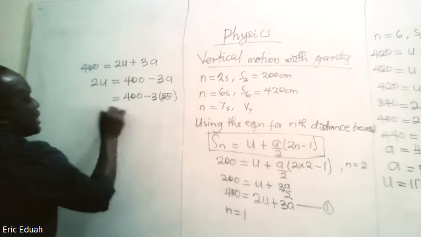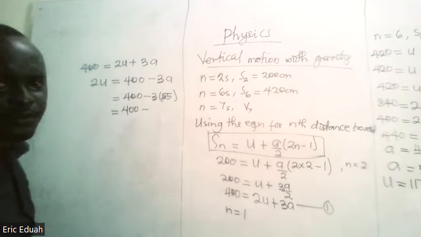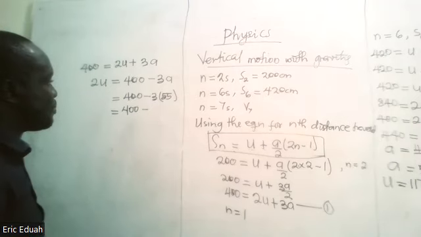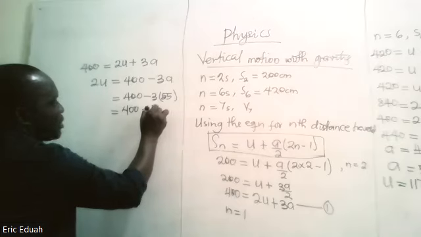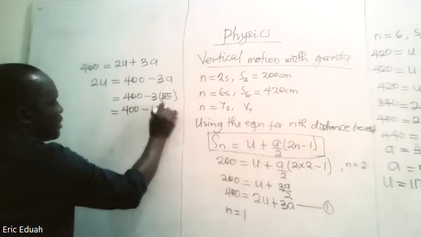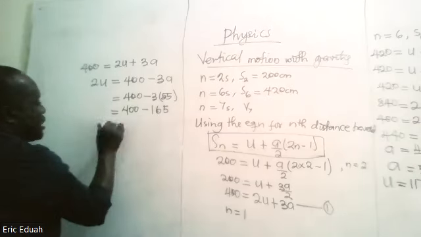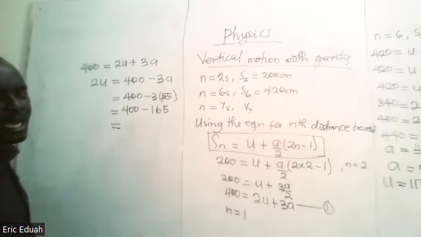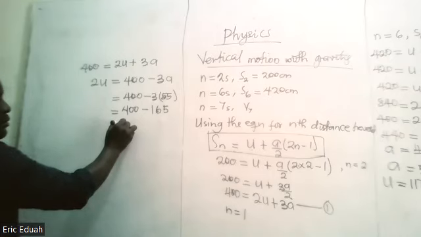Okay, so let's put it in. What is 3 times 55? 165. So 400 minus 165 is 235.